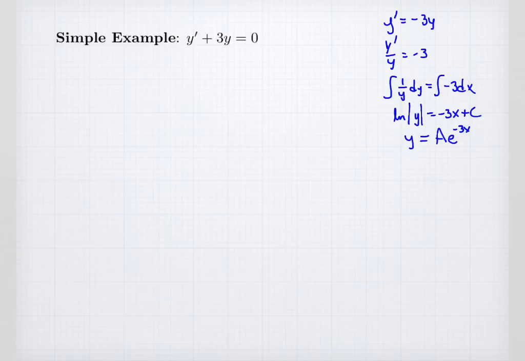Alright, so that's our old way of solving it, and I want to illustrate the new way of solving it using the idea of a linear differential equation. So let's go back and let's identify what our function is. Here, my function p of x is the constant 3.